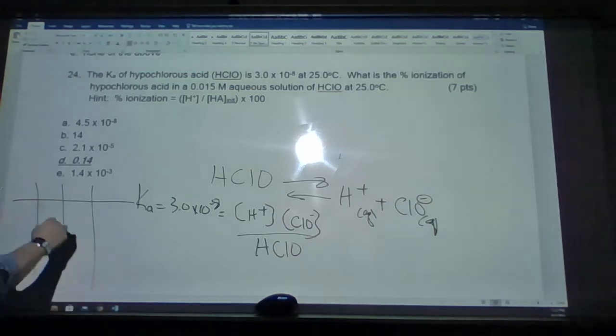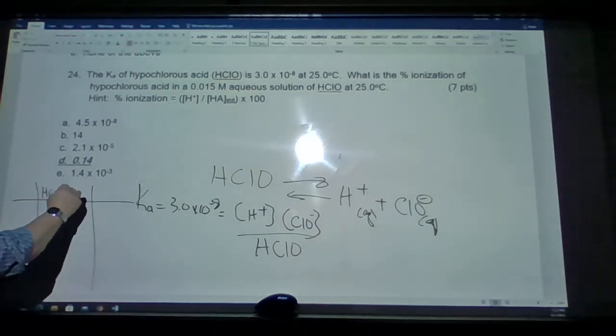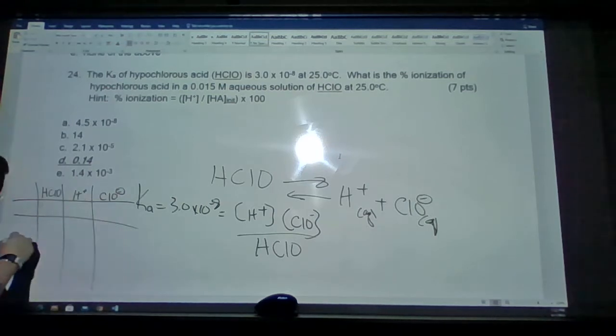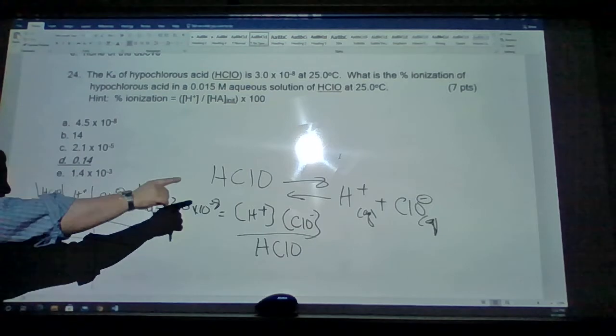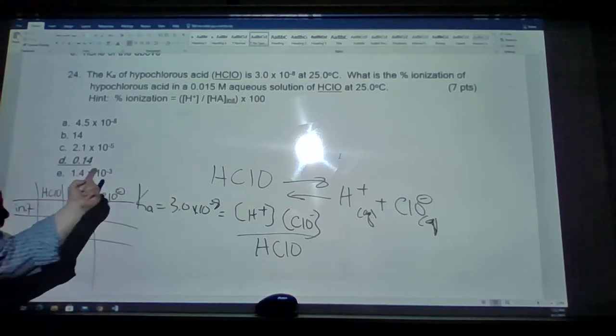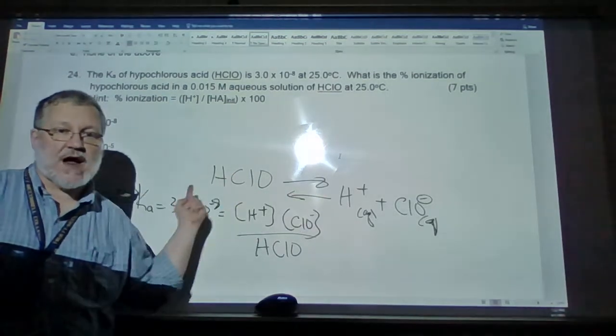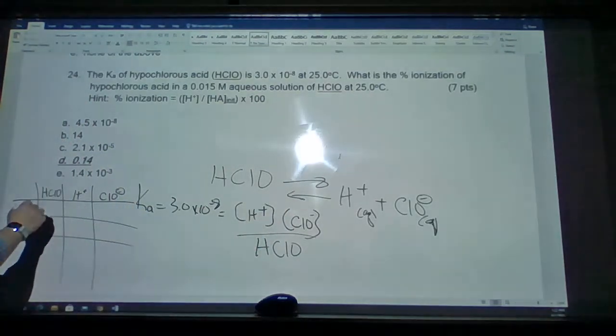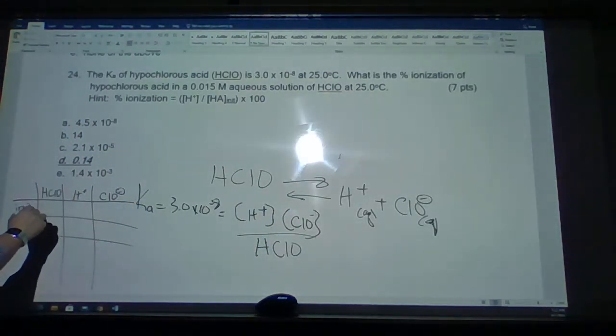Well, in this reaction, we have our initial conditions. Since this is a weak acid, this doesn't go all the way to the right, but it goes in an equilibrium fashion. We have our initial HClO concentration, 0.015.